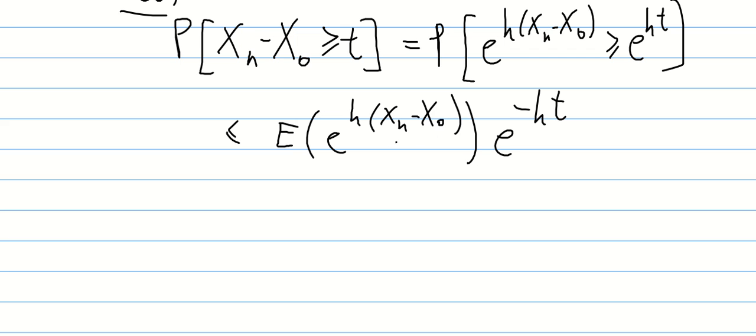Now, we can already see that here we have something similar to the sum of IID random variables, because we can always break this into a telescopic sum. And this is going to be the sum for k from 1 to n of yk. Right? The yk are exactly the increments of x.